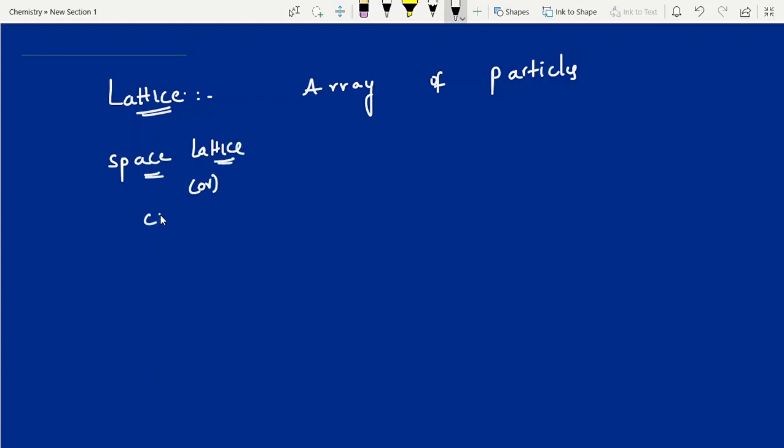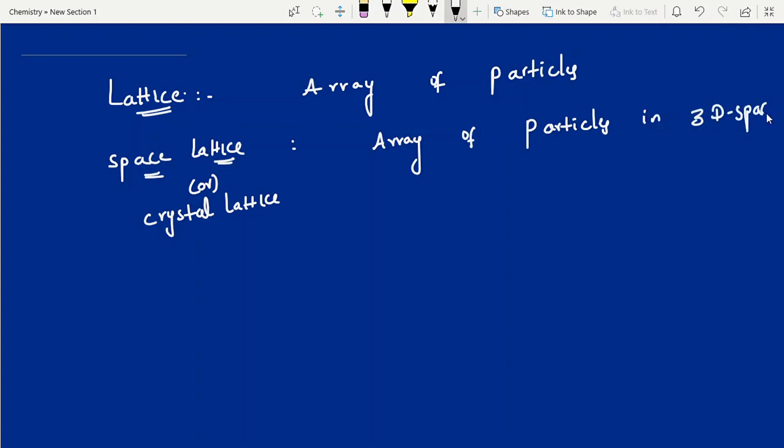Both are the same. Space lattice is nothing but an array of particles in 3D space, in three-dimensional space, systematically arranged particles. That we call a space lattice or crystal lattice.